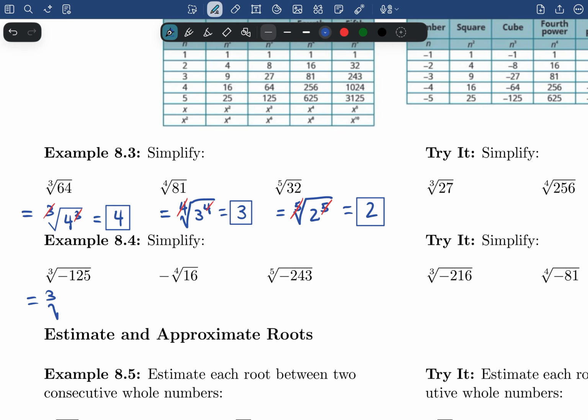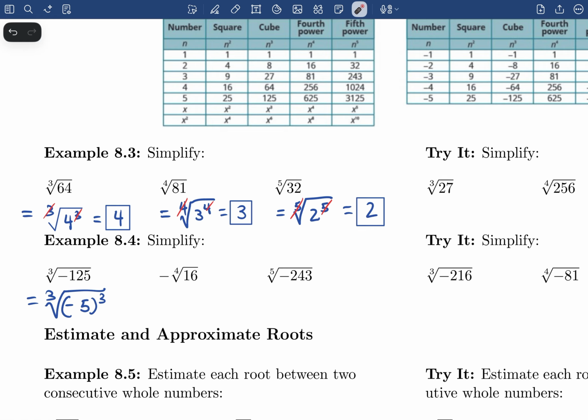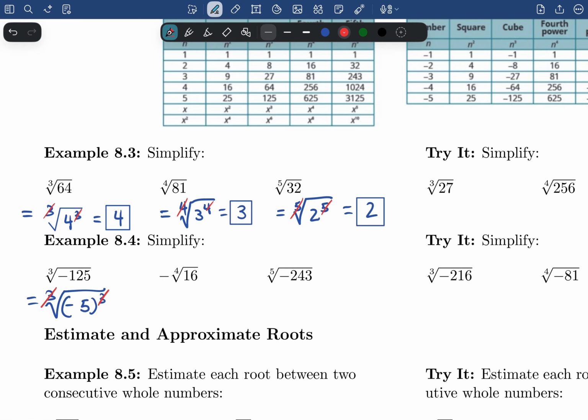I have the cube root of negative 5 cubed. All right, negative 5 cubed is negative 125. We just saw it on this list. Negative 5, when I cube it, is negative 125. So I can write this as this, and then you can see that the index of the root cancels the power in the root. And so my result is negative 5. Done.